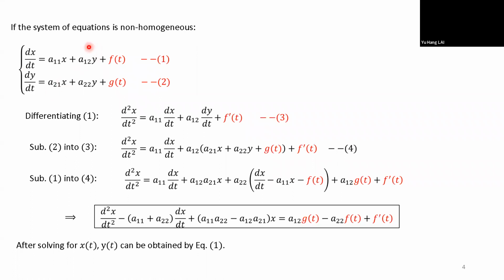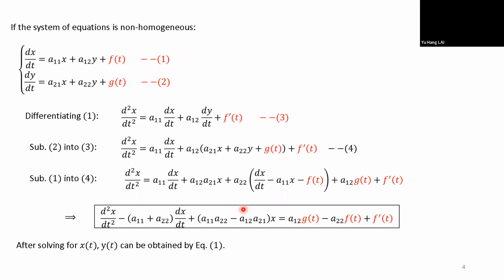If we have a non-homogeneous system, it can be written like this here. But actually the strategy would be exactly the same. Although you have these two extra terms behind, they are not something that we can eliminate; they are simply given. The same strategy is that we are going to find an ODE that only contains x and the derivative of x.